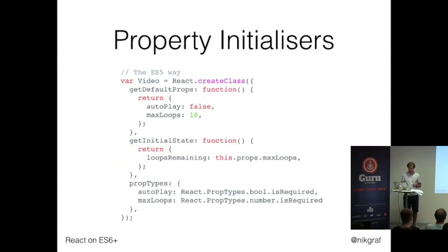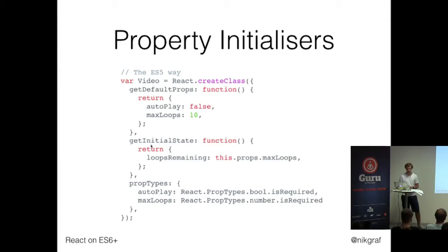Yeah, let's go to it. By the way, property initializers. To give some context, if you had this old ECMAScript 5 way of creating a React component. So this is a video component. We create a class here. We tell what the default properties are.